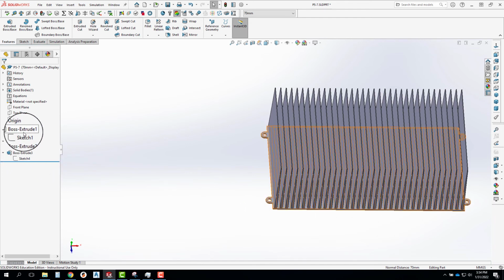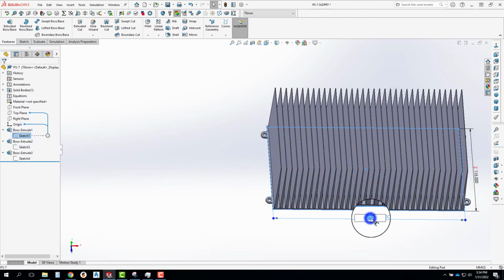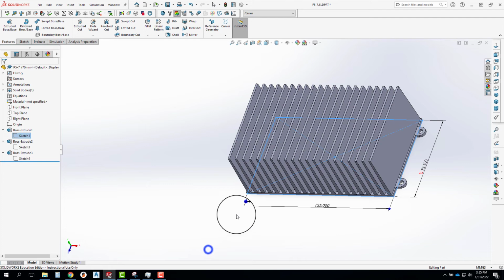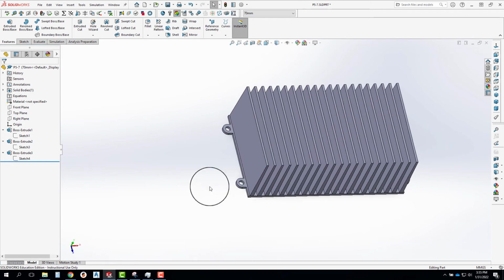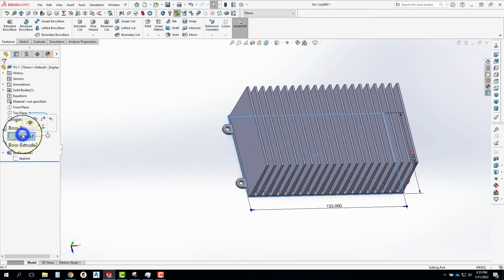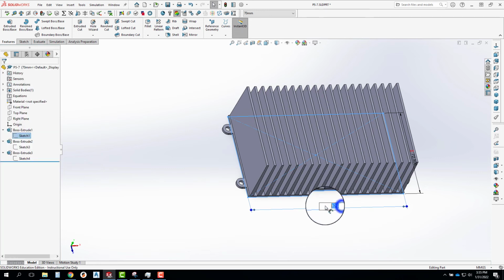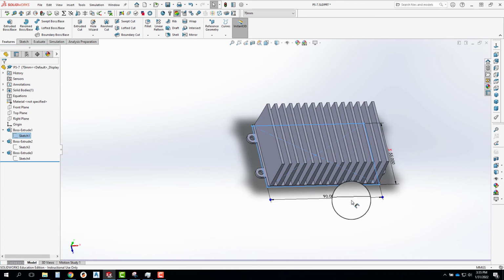Let's check that centering with a few other numbers. Let's just pick some weird ones. Let's try 125. Yeah, it's still centered correctly there. Let's see if we go down to 90, what happens.